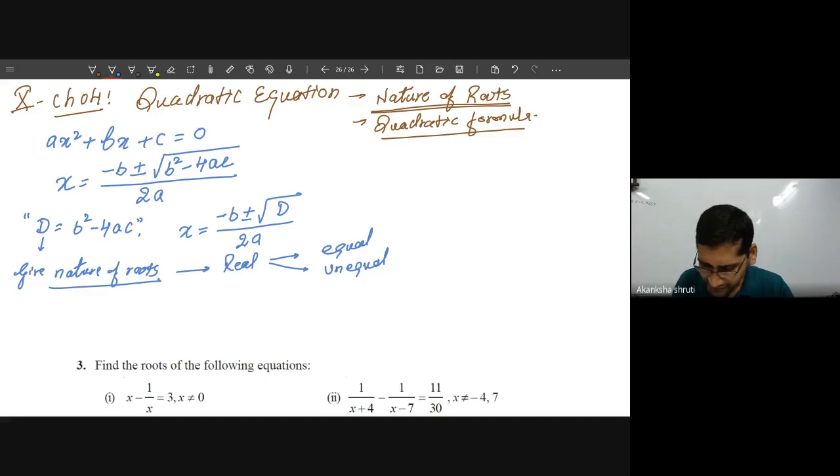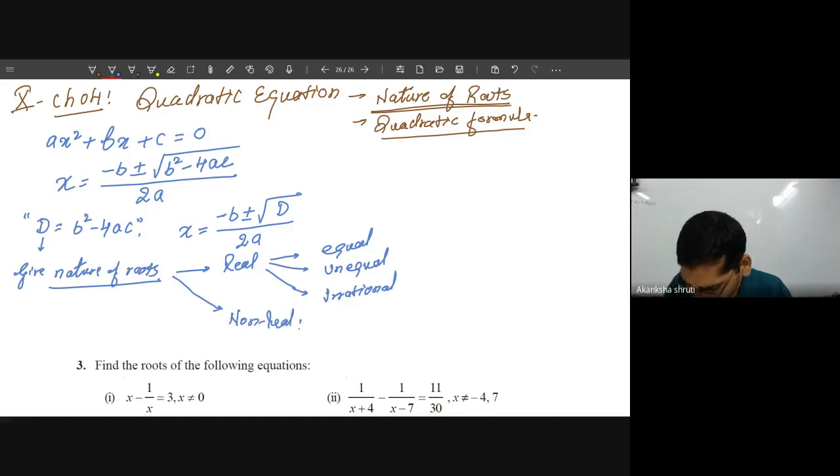These equal or unequal roots may be rational and also irrational. Another possibility is non-real. Non-real simply means imaginary roots.